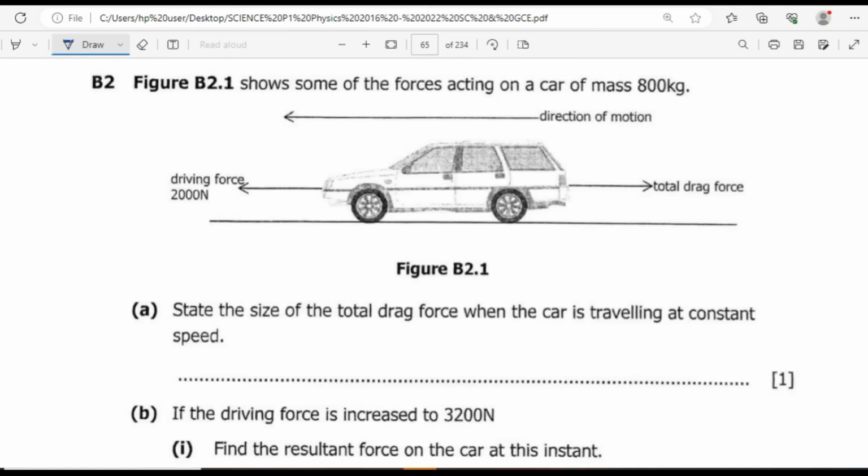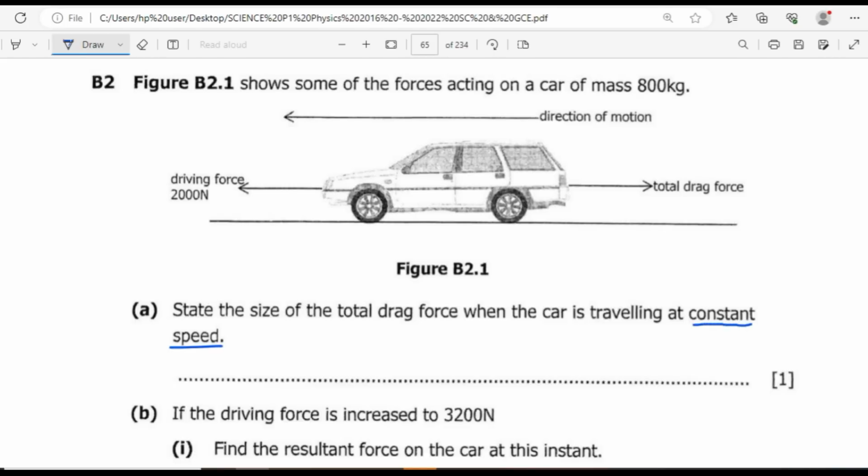Figure 2.1 shows some of the forces acting on a car of mass 800 kilograms. So direction of motion, driving force, which is 2000 newtons, then total drag force. Then A, state the size of the total drag force when the car is traveling at constant speed.